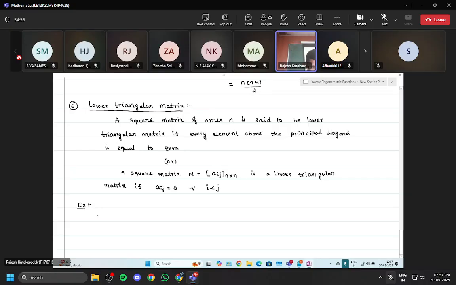So now in examples, you can take M1 = [1, 0; 2, 3]. Second example, M2 = [1, 0, 0; 2, 3, 0; 4, 5, 6].